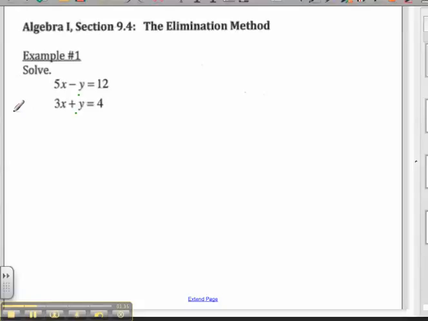I can either subtract them so that I get 0, or I can add them so that I can get 0. So when I'm looking at this one, do I want to add these two equations together, or subtract these two equations from each other? Gordy? Add them. You want to add these because they have opposite signs, right?